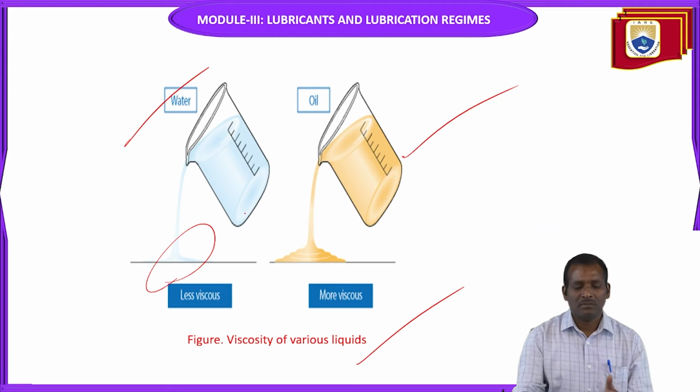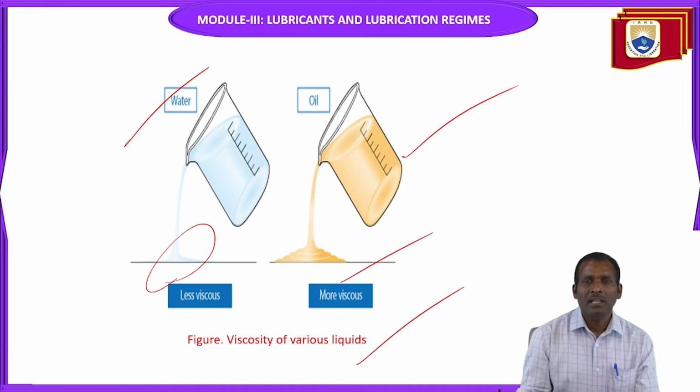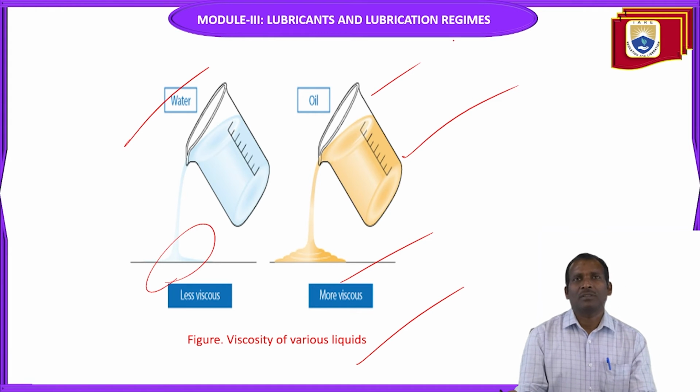Water easily flows on the ground, but oil does not. By seeing this figure, you can say immediately which lubricant has more viscosity: oil is more viscous than water. So based on the application, you have to use the appropriate type of lubricant.